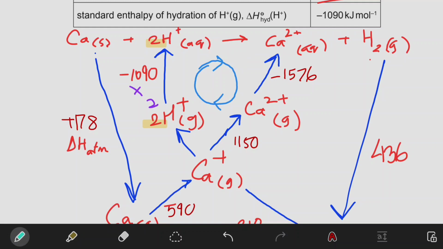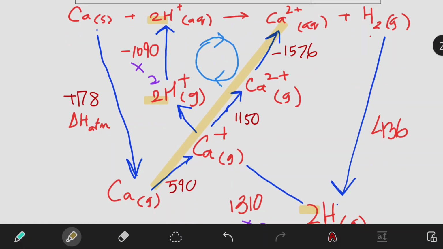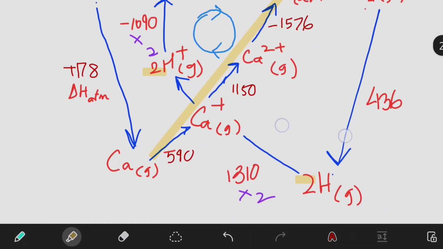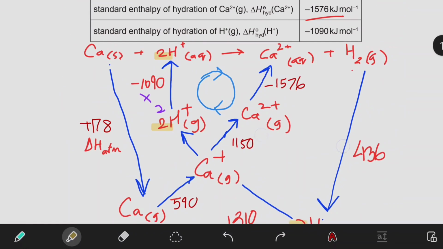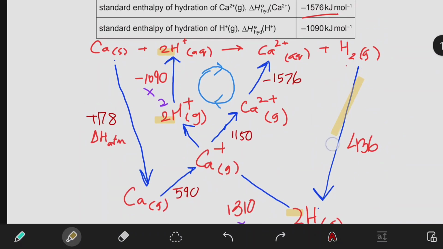Now let's see these ones first. They are all going in the opposite direction, so let's write that down. Actually, let's write down first those which are going in the same direction. So we have this, okay, and we also have these, okay, this too, right?